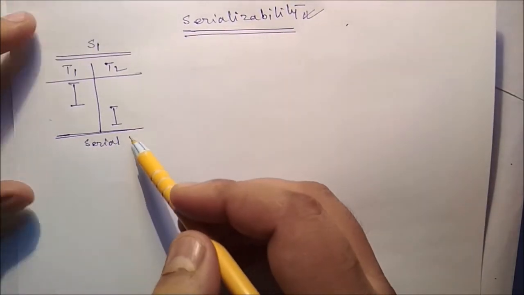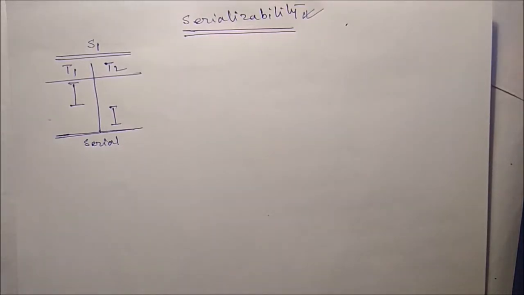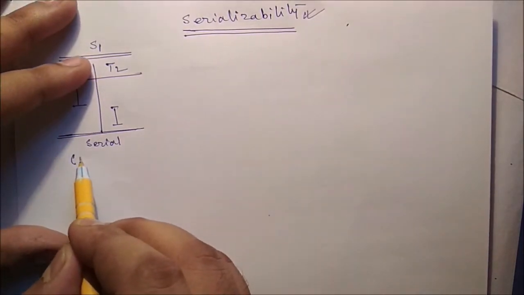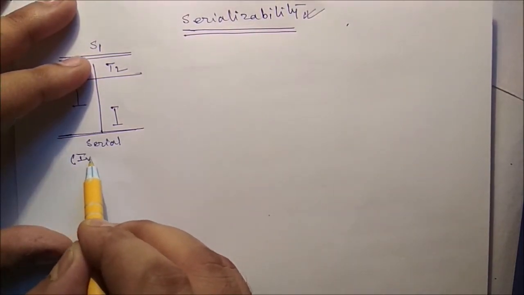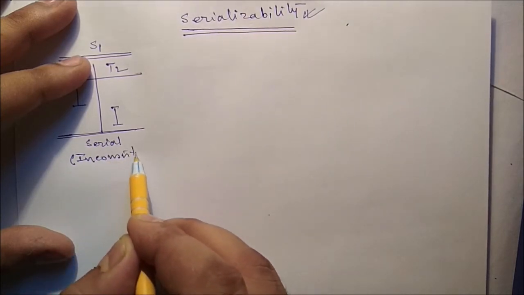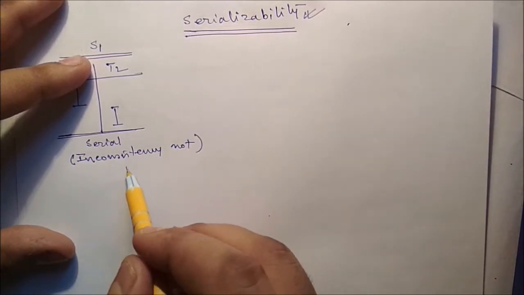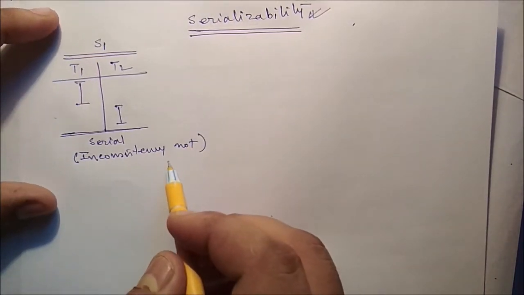And you already know all serial schedules are consistent, recoverable, cascadeless and strict. So there is no inconsistency present.